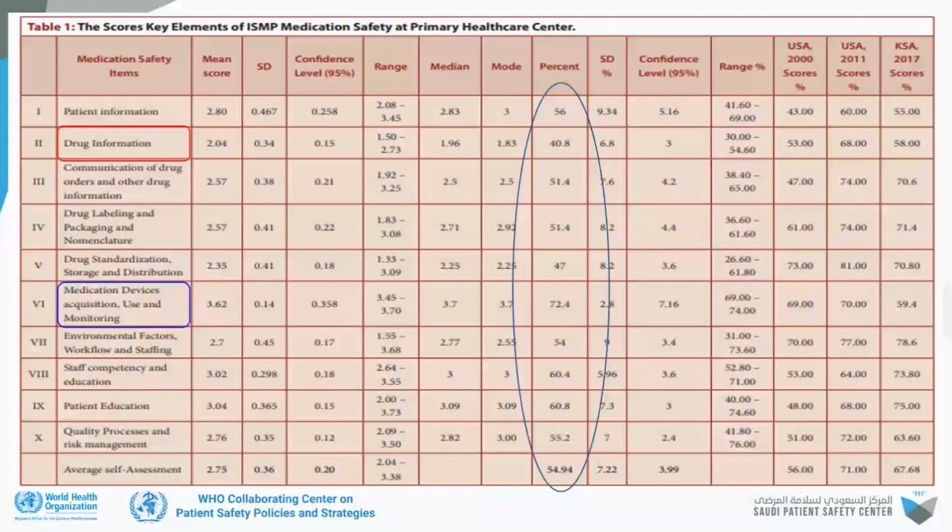You can do it annually, or after 2 years, to see how much your medication safety culture, measurement and prevention of medication safety errors that may occur to your patients has improved.